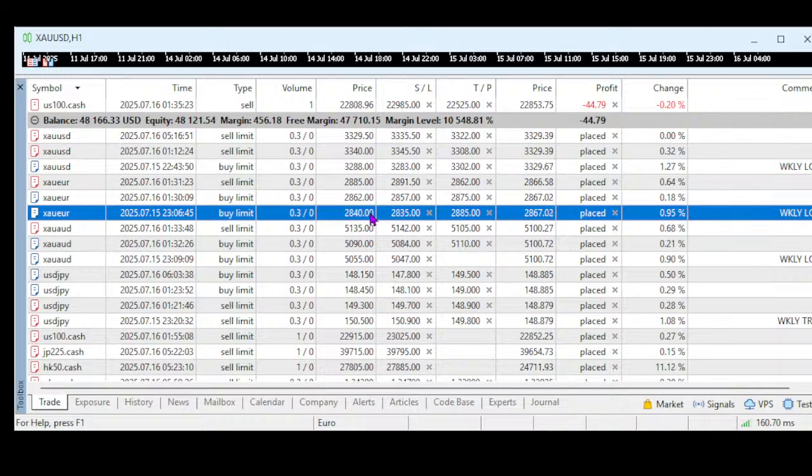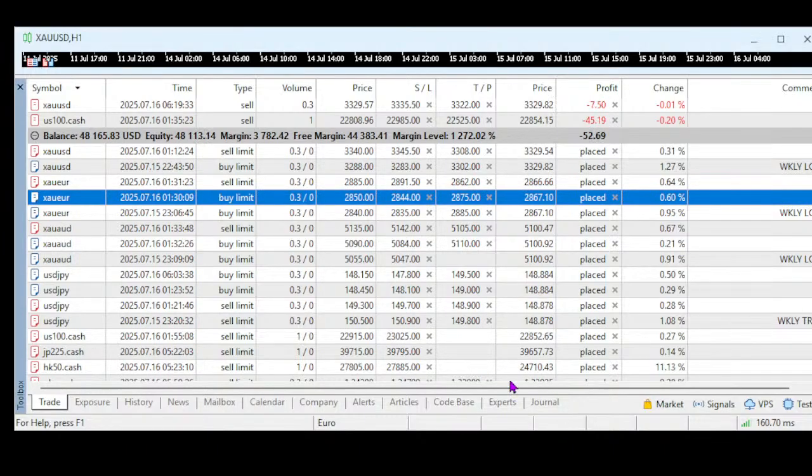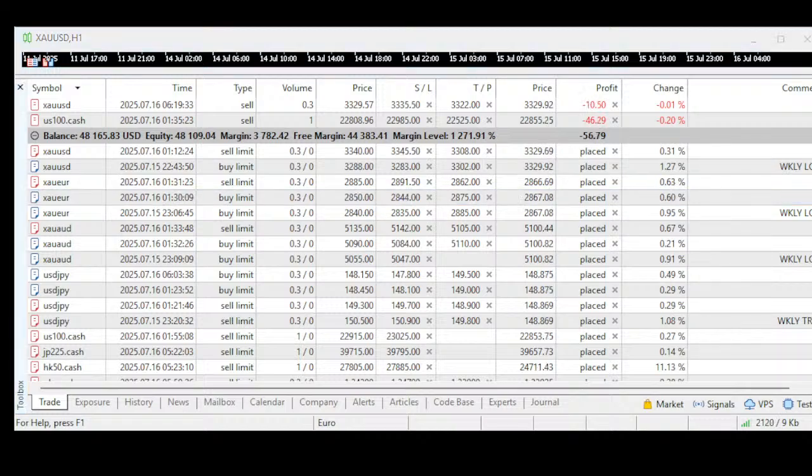Okay, weekly low. So now your daily, we are trying to go for a buy at 50 and 44 stop and 75 as TP. So this is your daily buy. Okay, daily buy.